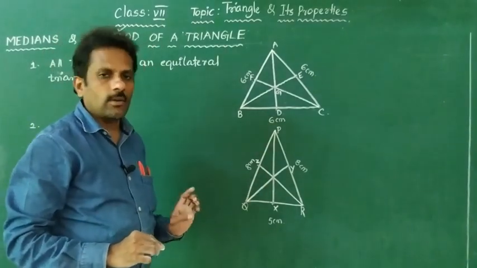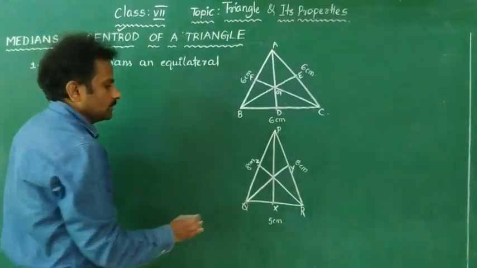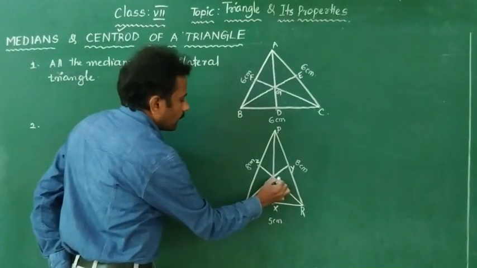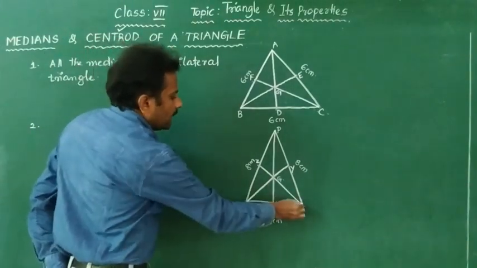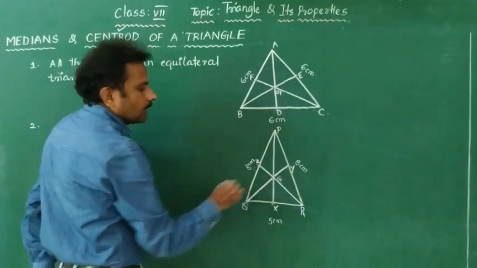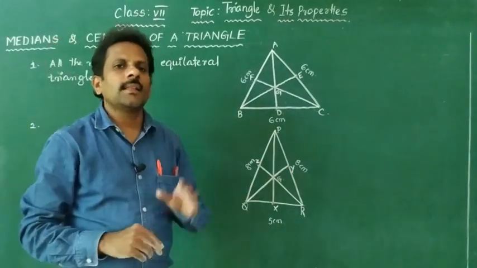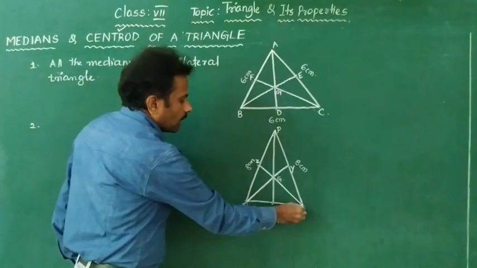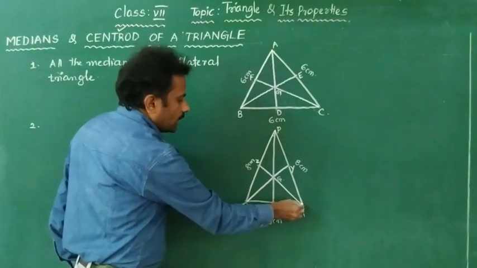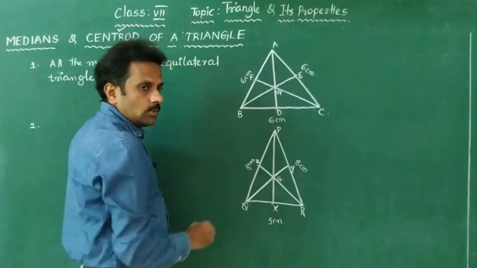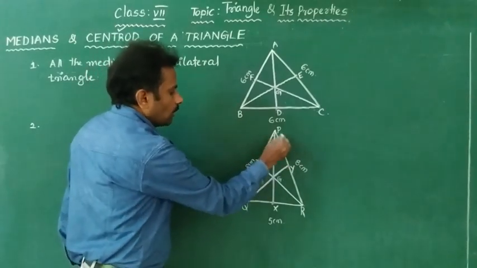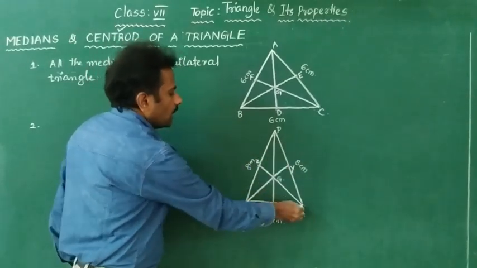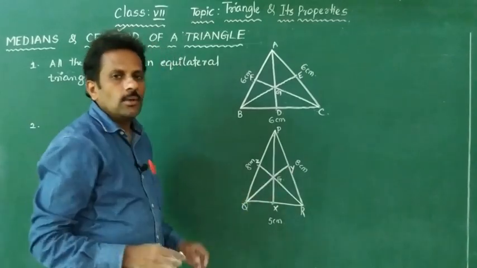Now if you observe the length of medians drawn to equal sides, you will find that they are equal. Here PQ is equal to PR, the median drawn to PQ, that is RZ, equals the median drawn to PR, that is QY. Here RZ and QY are equal.